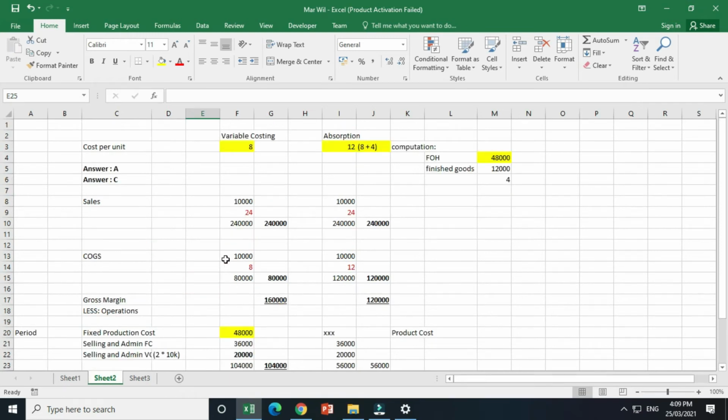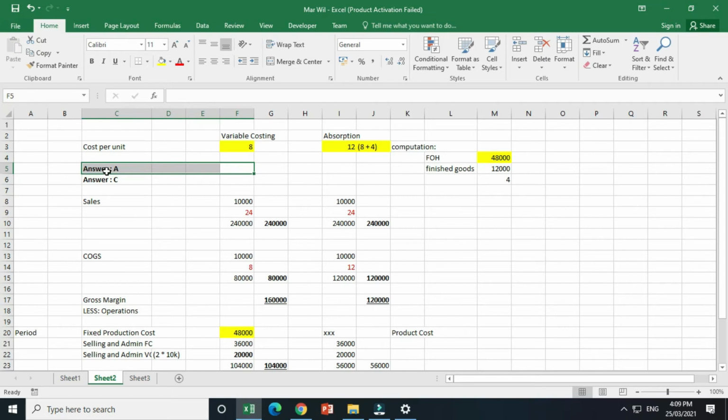So we go to number 2. Number 2 is just another simple method, right? Because the problem gave a variable production cost per unit, which is 8. So 8 is the answer.